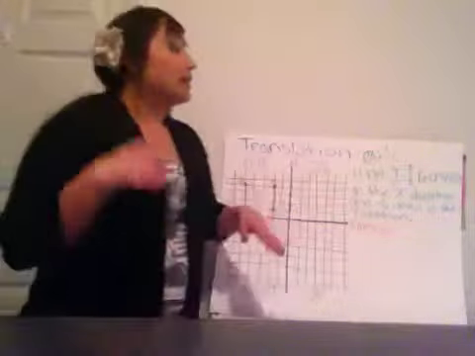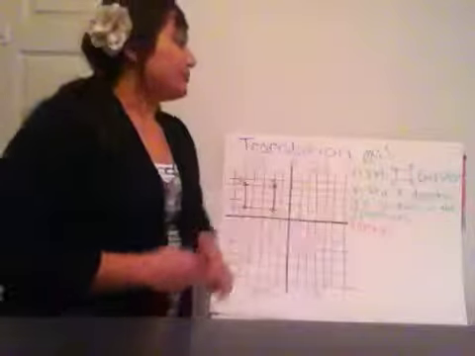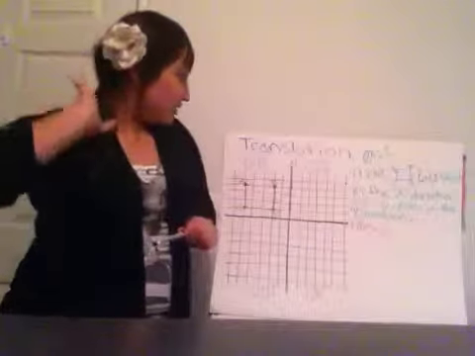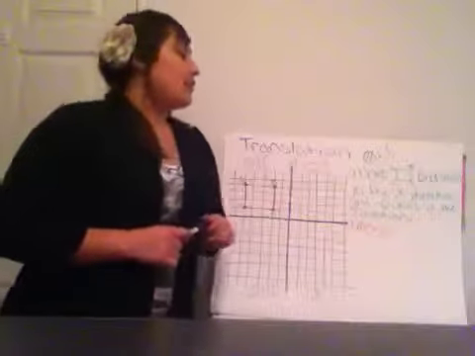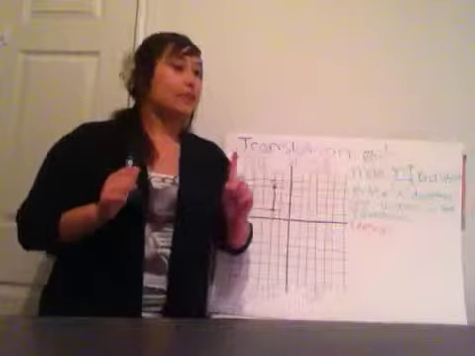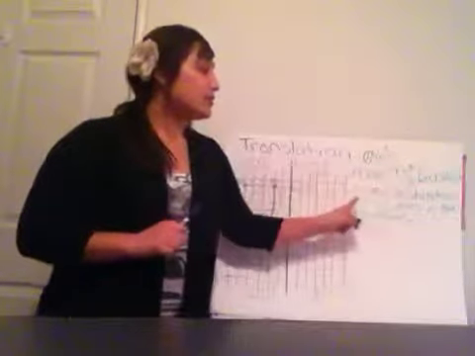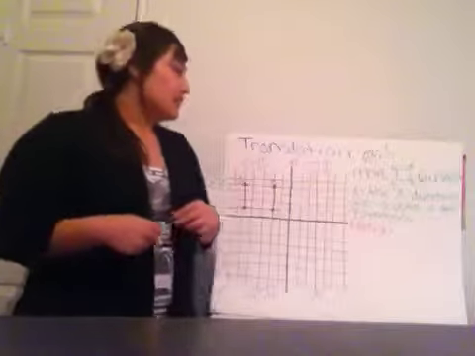Now, again, read this example as a class, guys, or read it in your head. I'll give you 2 minutes. Okay, last time I'm going to read it. Move square ABCD 6 units in the x direction and -6 units in the y direction.